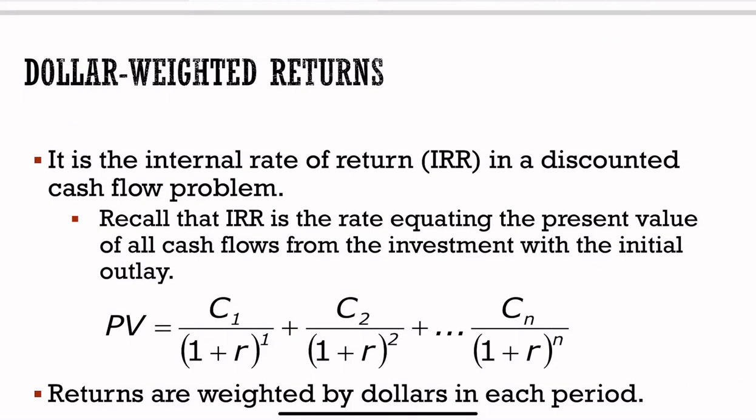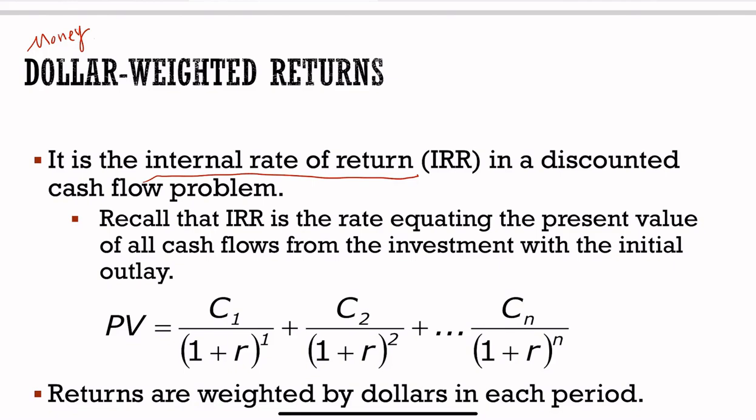Now, it also has a name of money-weighted. Some people also call it money-weighted return. So dollar-weighted return is just a fancy name for internal rate of return. If you have taken corporate finance 1, then you should be very familiar with this internal rate of return, right?